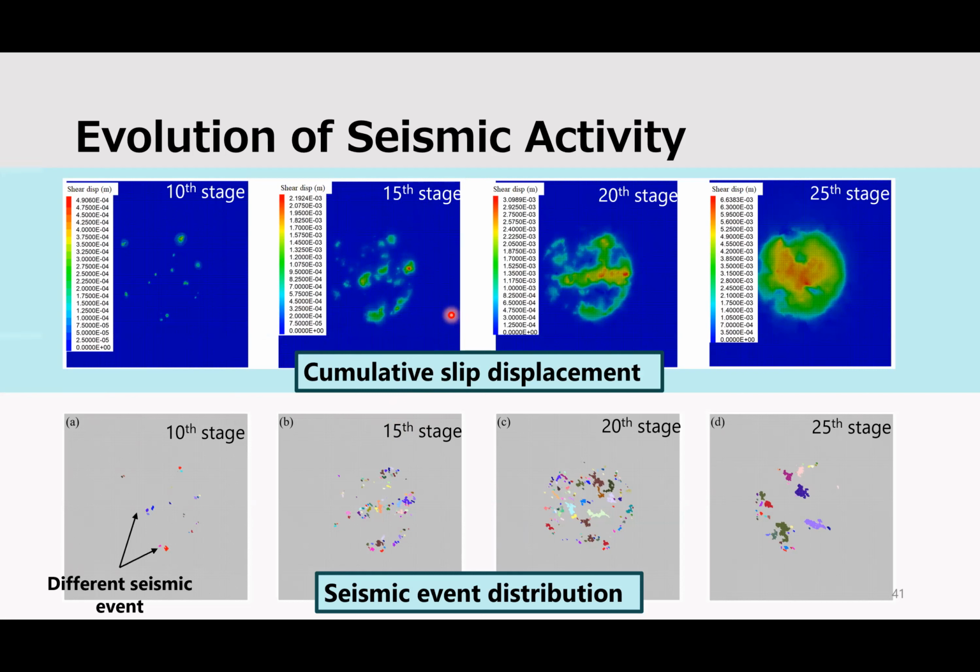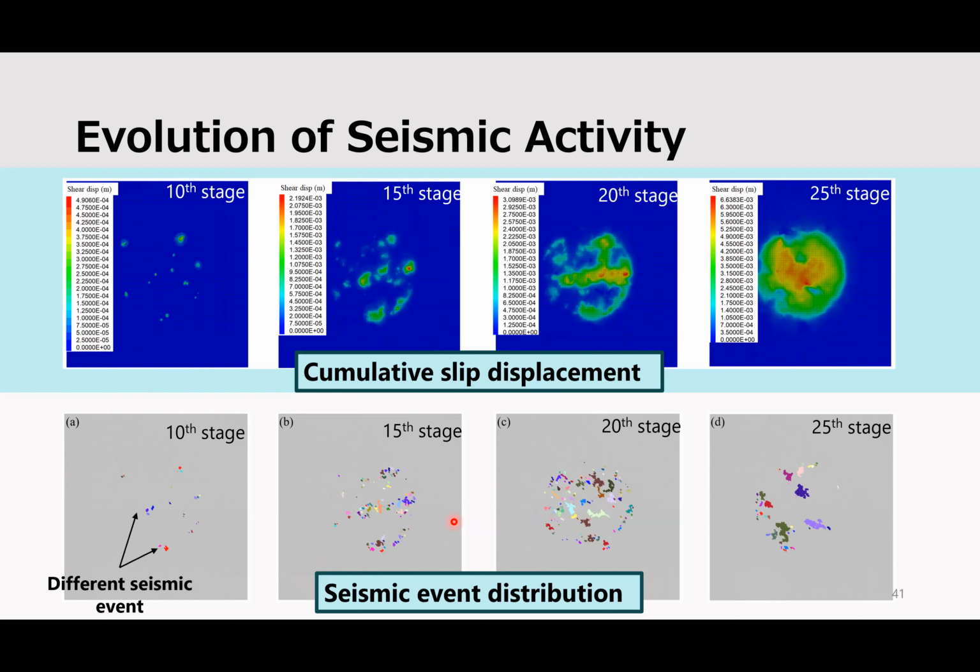As can be seen, the shear displacement increases with the stage, but the shear displacement distribution is not homogeneous. And these figures below illustrate each seismic event with different colors.